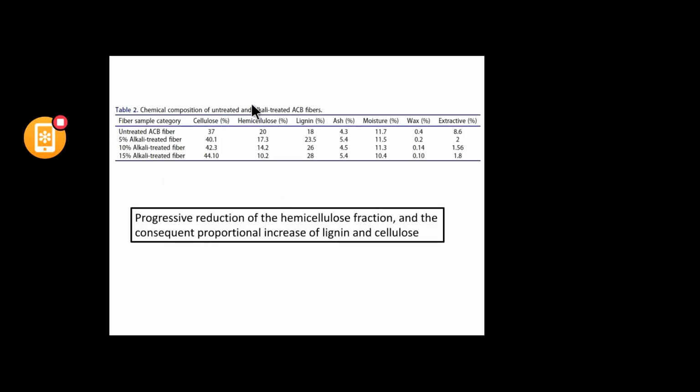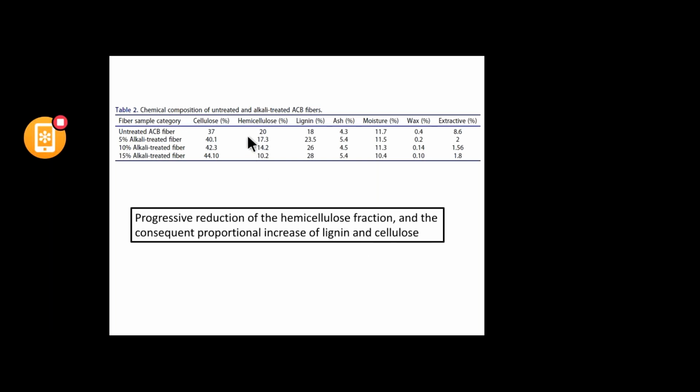Now I'm coming to the chemical composition of untreated as well as alkali treated acacia bark fiber. As far as the chemical composition reported in this table, the concern is the progressive reduction of the hemicellulose fraction and the consequent proportional increase in the lignin as well as the cellulose.